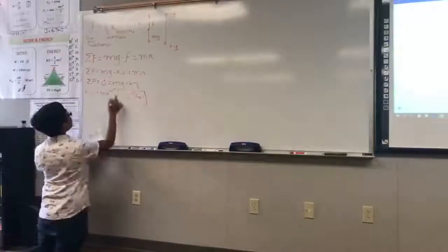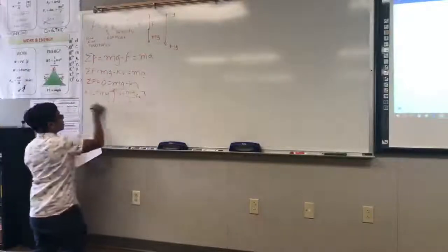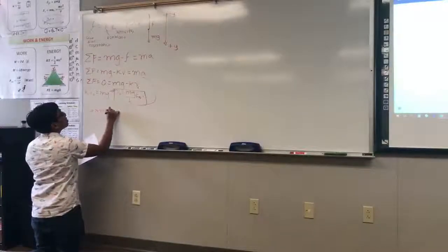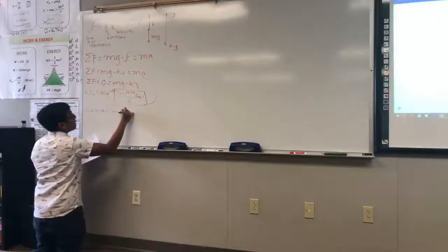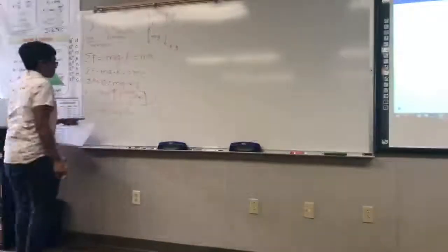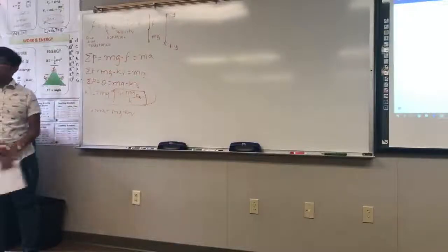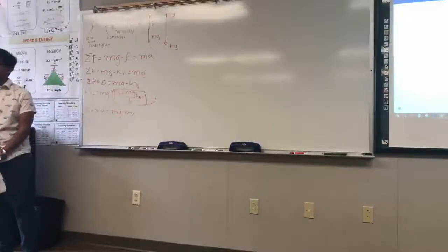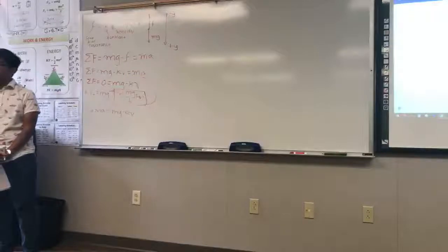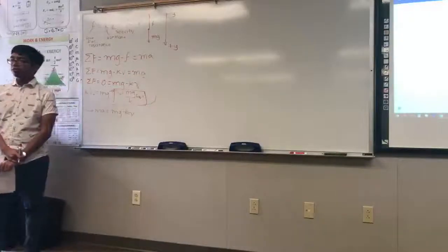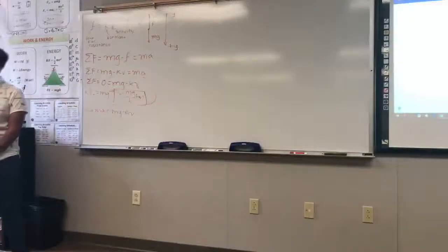Then now we're going back to this equation. ma is equal to mg minus kv. Now, remind me again, what is acceleration in this case? I want you to think, what is acceleration? Acceleration is the derivative of velocity with respect to time.